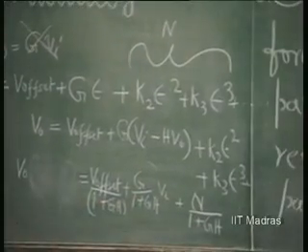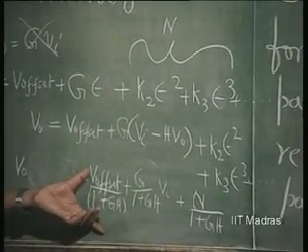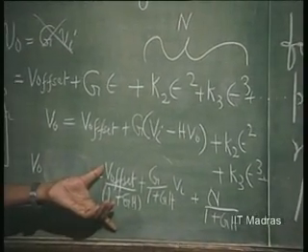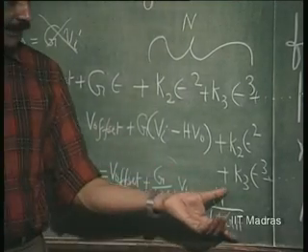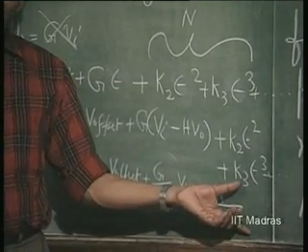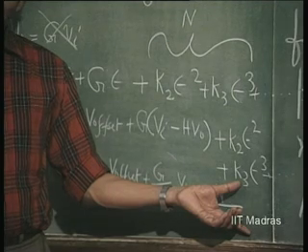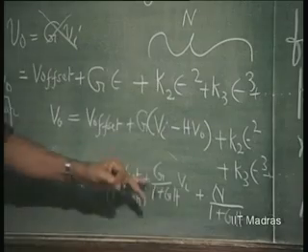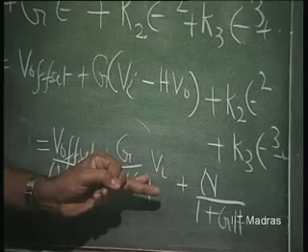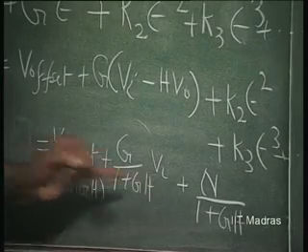Perfectly linear, and all these factors including offset will go towards 0. These factors will get very low, because 1 plus G H is very high. Here this will become equal to 1 over H, becomes linear, independent of G.